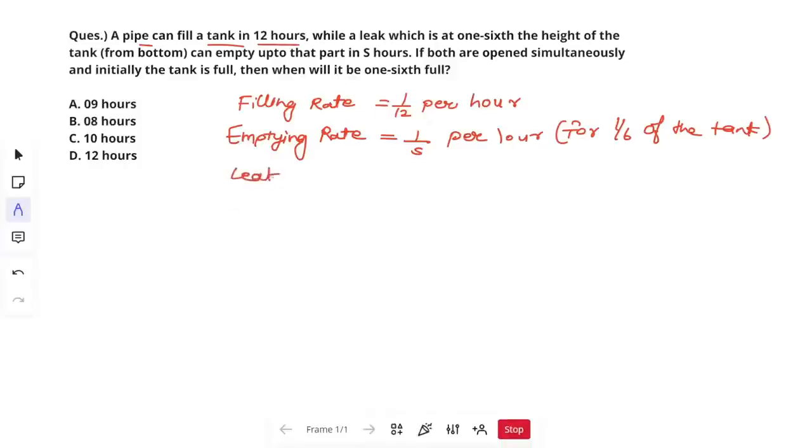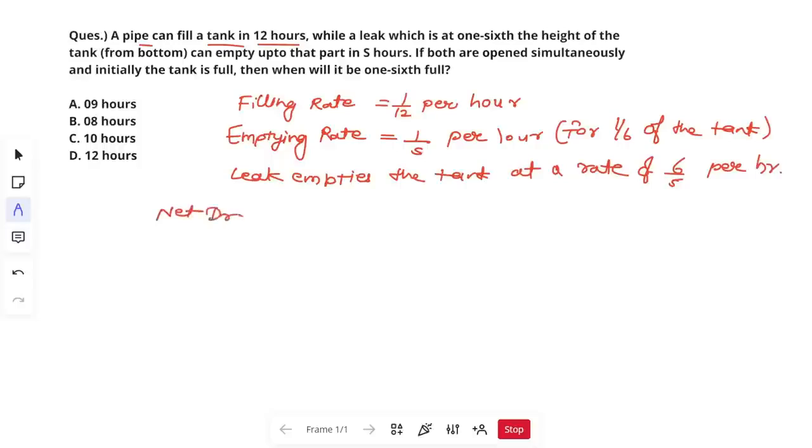Leak empties the tank at a rate of 6/S per hour, right? Now net drainage rate is what? Net drainage rate is filling rate minus emptying rate.